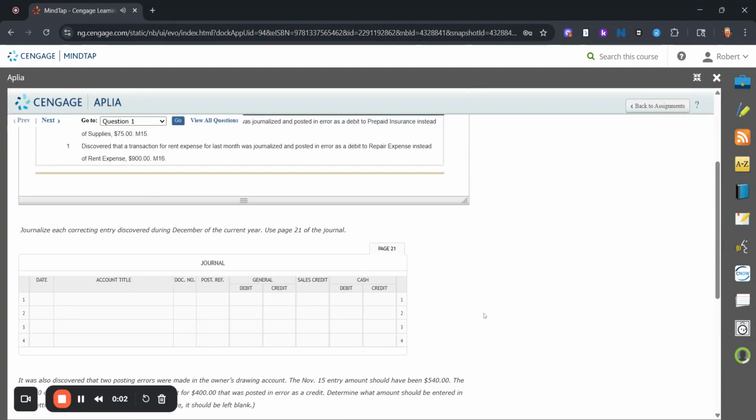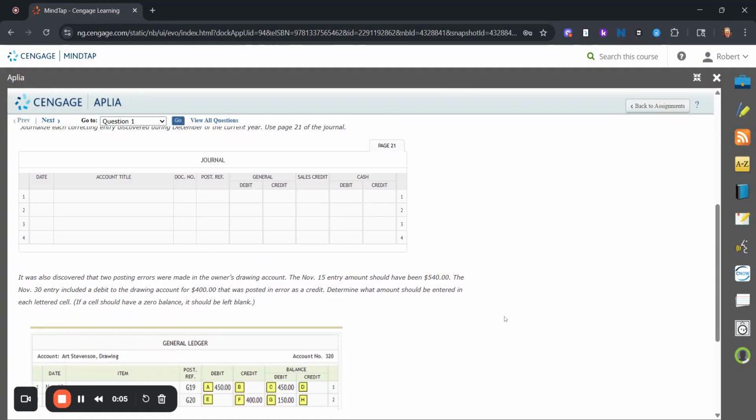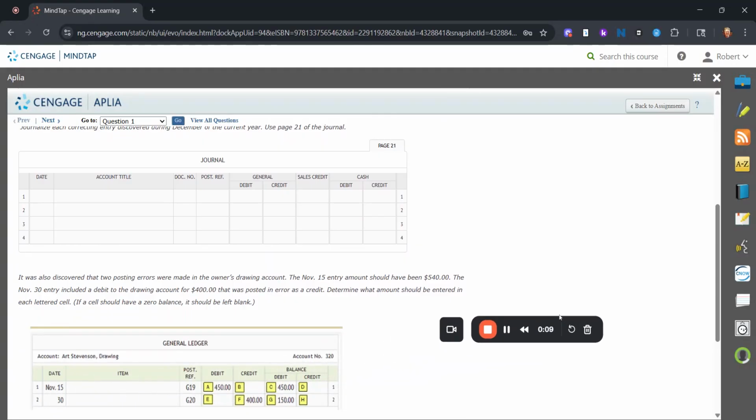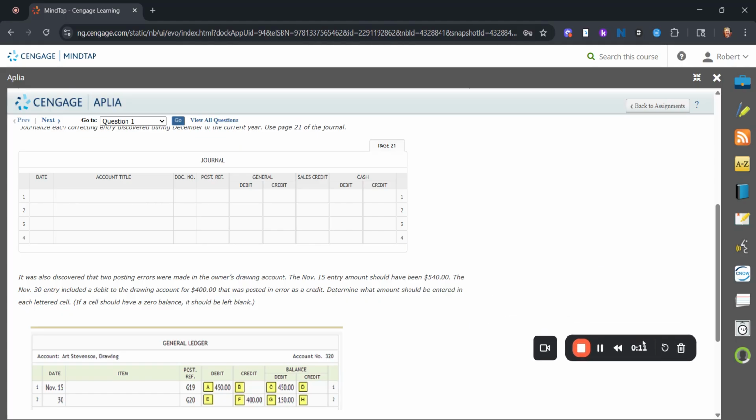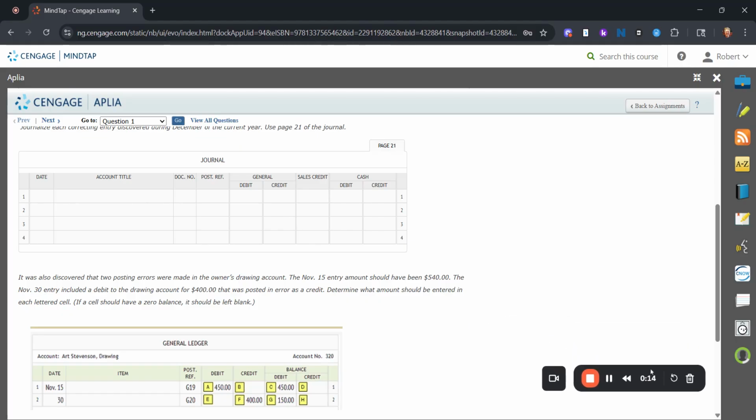Okay, here we are with the 4-4 work together. So this one's going to have a lot less involved with it than the 4-1, 2, and 3.